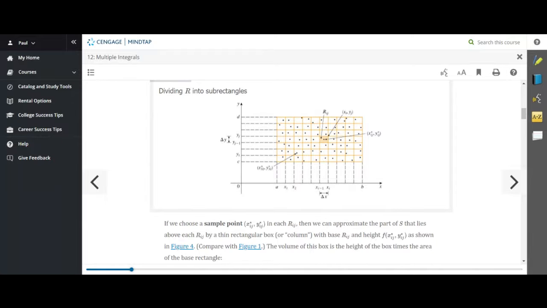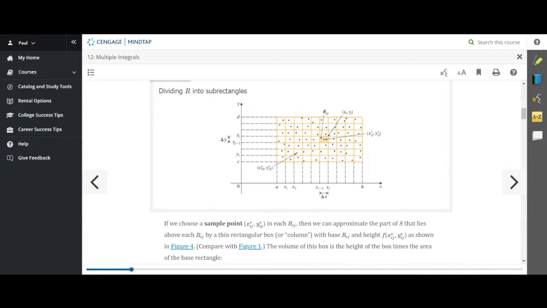They all have width delta x and height delta y. You see that in the picture there. And we could pick points in each of the rectangles and compute the function at each of those black points.